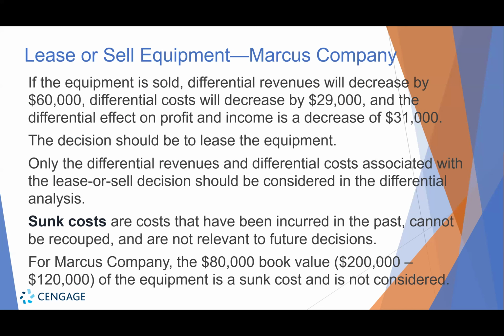If the equipment is sold, then our differential revenues are going to go down by 60. Our differential cost will decrease by the 29,000, but we'll ultimately have a decrease in profit of 31,000. So if we're doing it just based on numbers, we should lease the equipment.